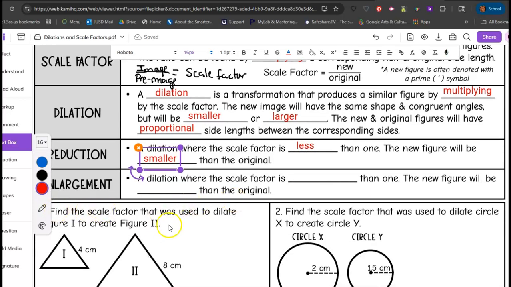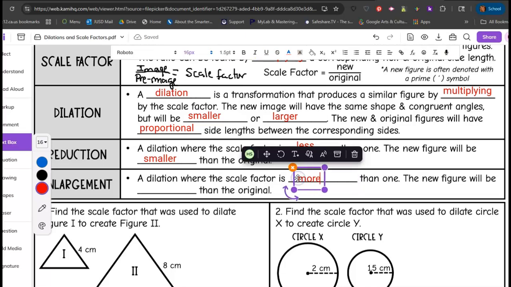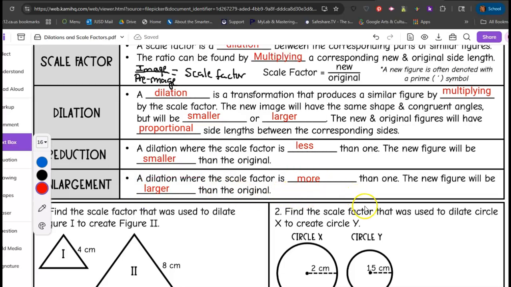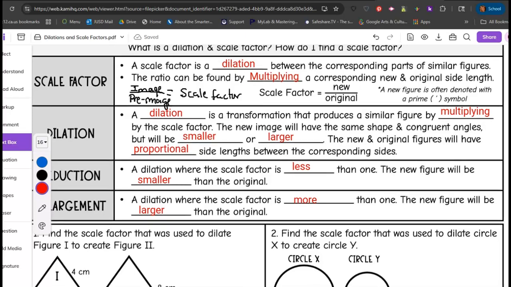For an enlargement, a dilation where the scale factor is more than 1, and the new figure will be larger than the original. So our image will be larger than our pre-image. Okay, so go ahead and pause the video and make sure that everyone gets all these notes taken down before they start the actual problems.